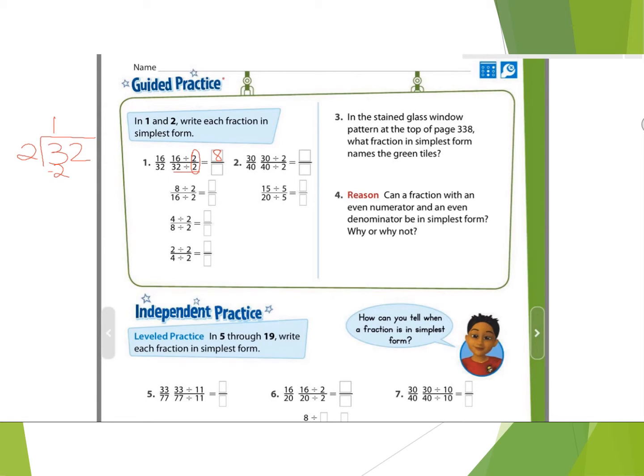So now you've got 5 through 19 that you're going to work through on your own and check with the partner.